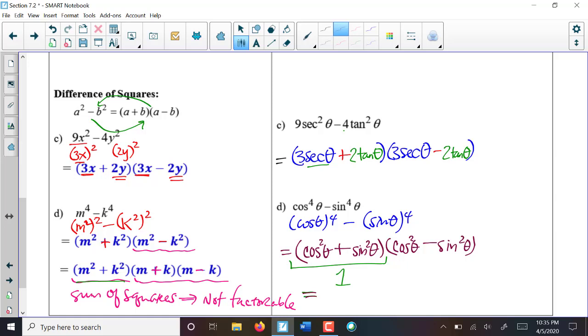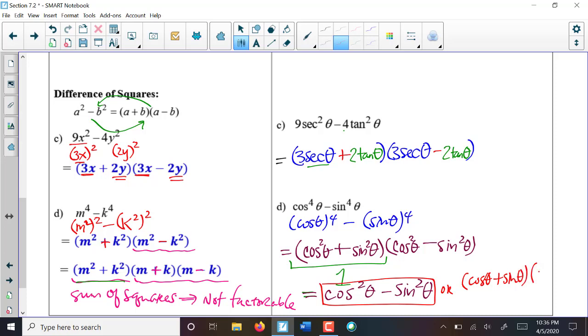So that becomes a 1, and then I have it times cosine squared theta minus sine squared theta. So I could stop here, totally fine. Nothing wrong with it. I could factor it a little bit more, as in, I could write it as cosine theta plus sine theta, times cosine theta minus sine theta. So it just depends on what we need.